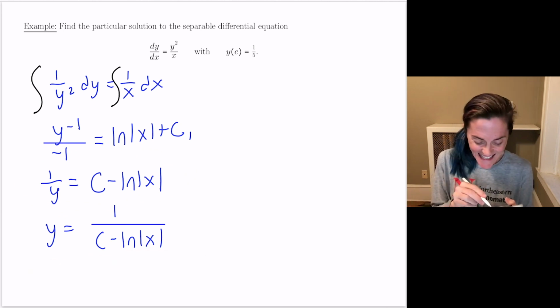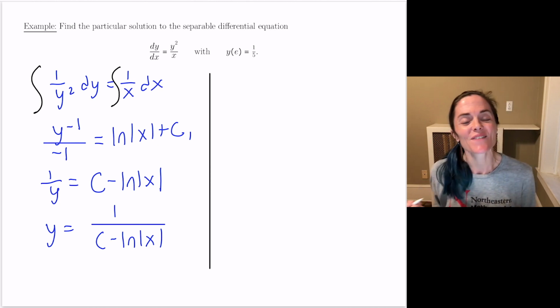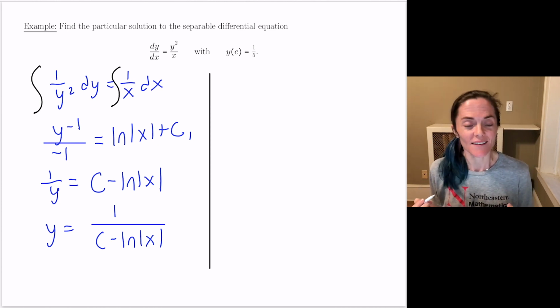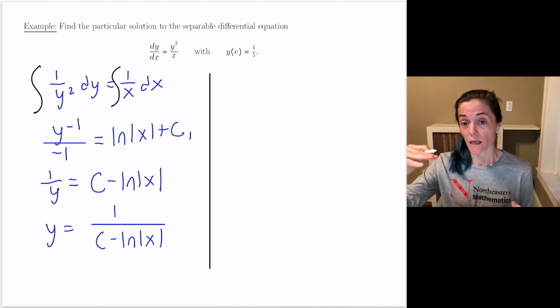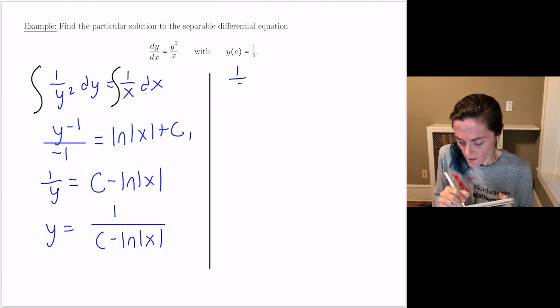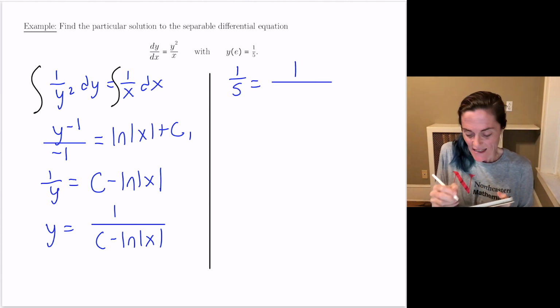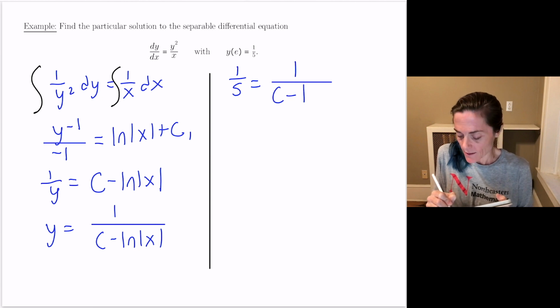So as with the last example, we now have a general solution, but we're looking for a particular solution. In particular, the one that satisfies y of e is 1/5. So 1/5 will equal 1 over c minus ln of e.